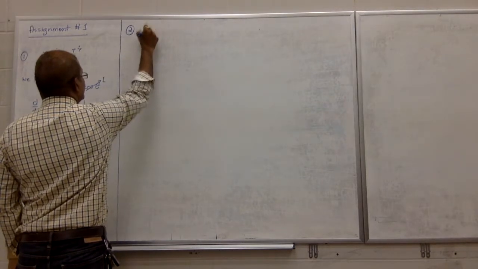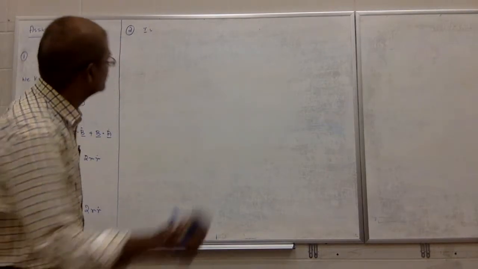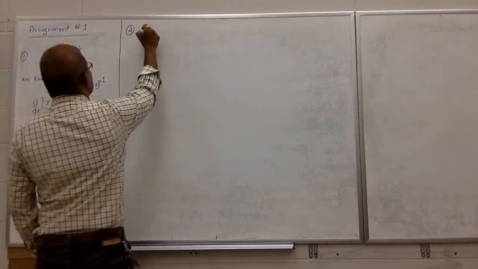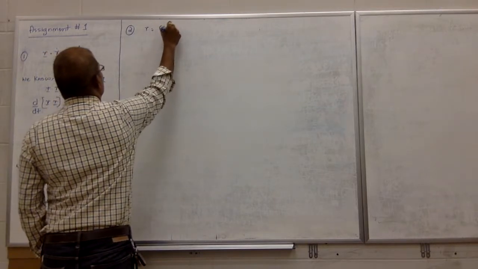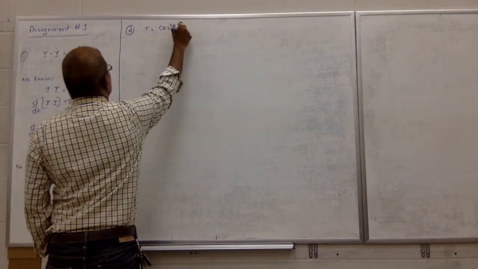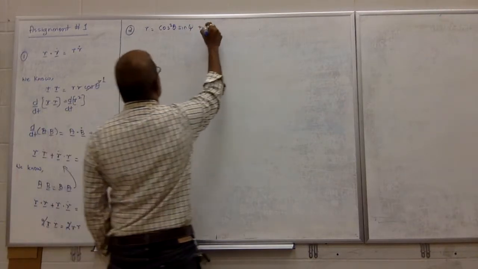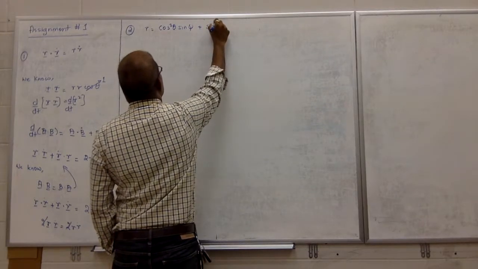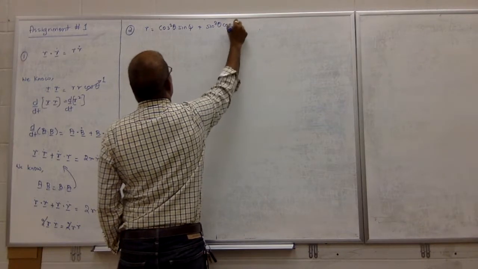Your r is given to be cosine square theta sine psi plus sine square theta cosine psi.